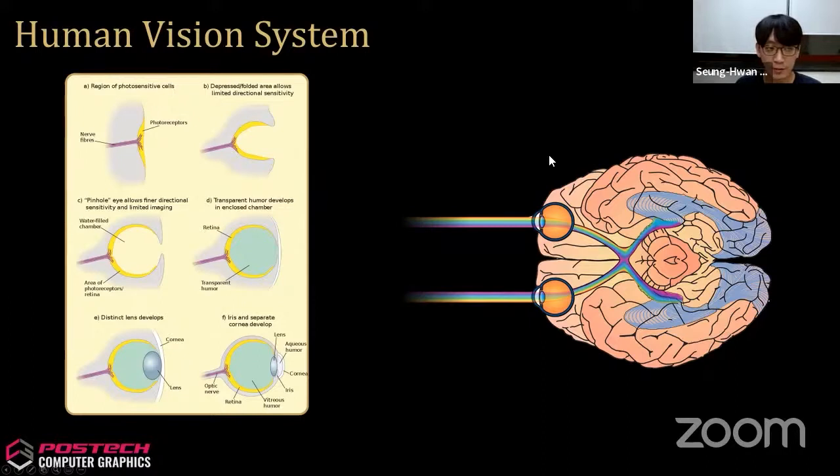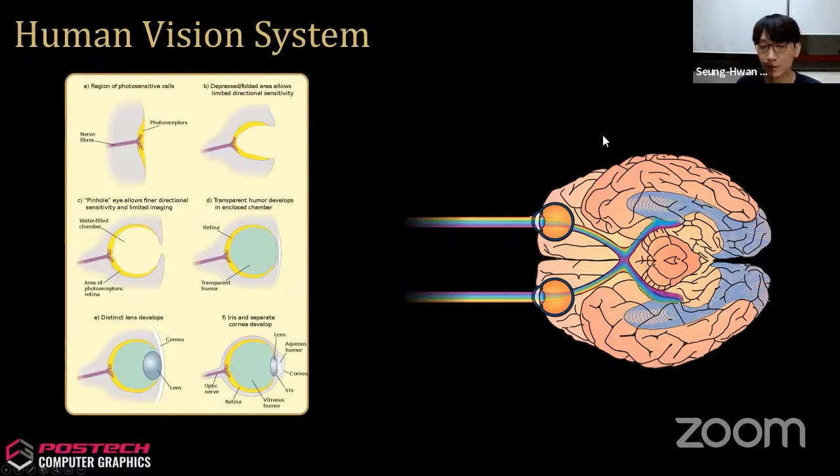On the left side, you can see how our human eyes, their optics and neural system, have evolved to the current one. In the process of this evolution, our human brain also cooperatively evolved to our current form to coordinate with this input visual information to live our current life, right?